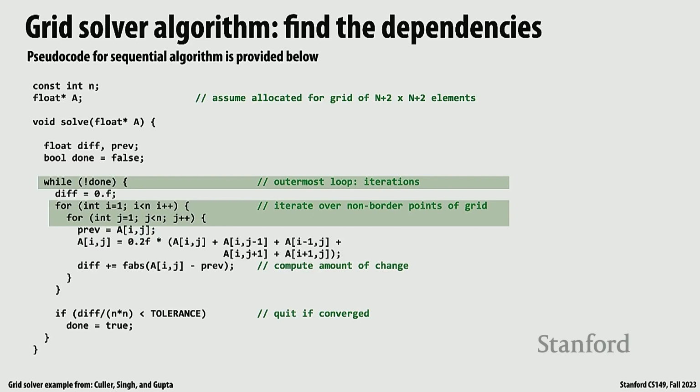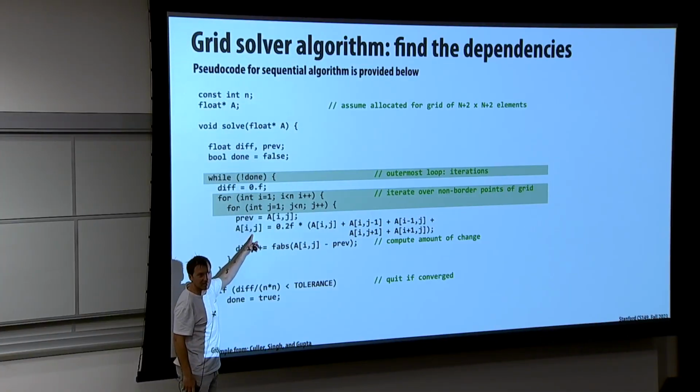So step one of anything, whenever I put code up here, is I'm going to ask you, what can be done in parallel? Take a look at this, and if we respect the code as is, what is the challenge that makes us go, uh-oh? Yeah. A[i][j] depends on all the neighbors, which we also have to compute.